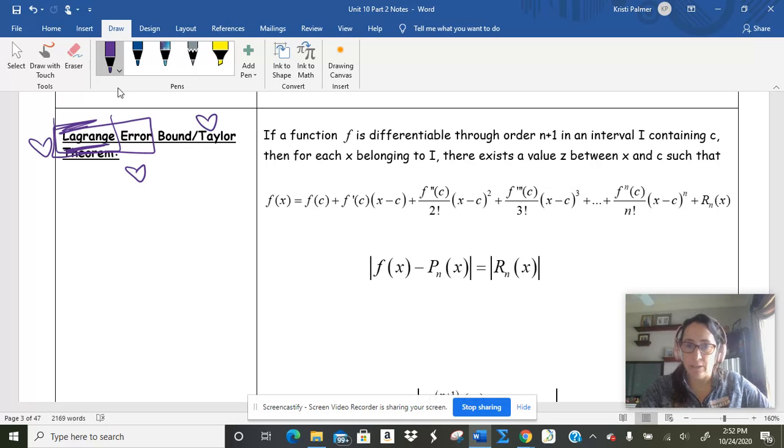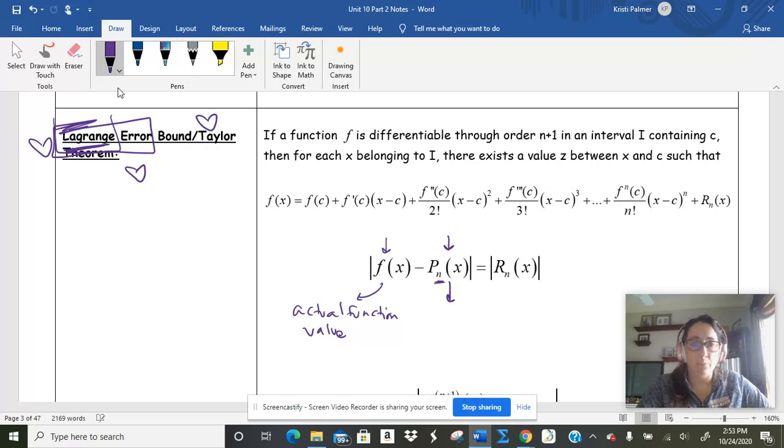But now it's saying that the original function minus that Taylor polynomial approximation to the nth degree gives us the remainder. So this right here is the actual function value, whatever that x is that they're telling you.